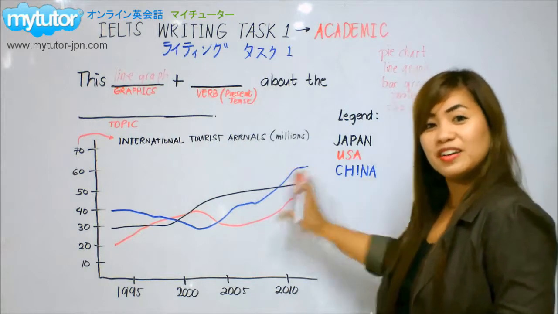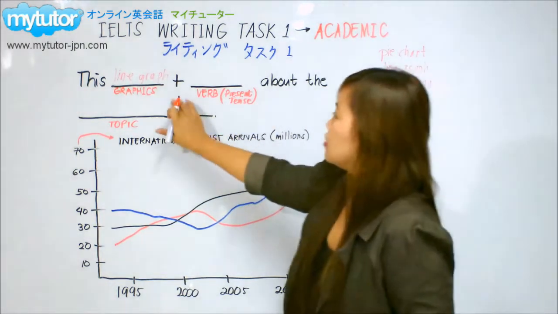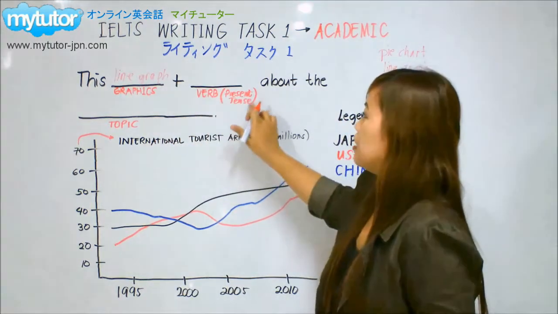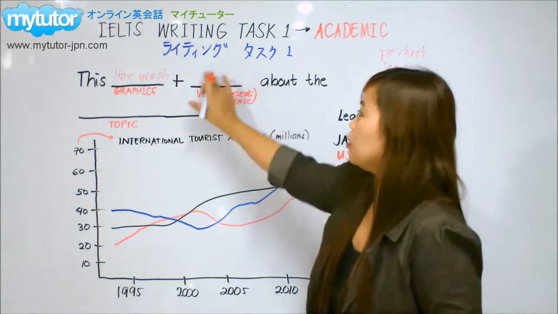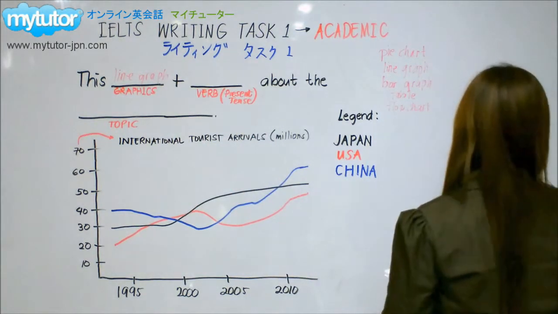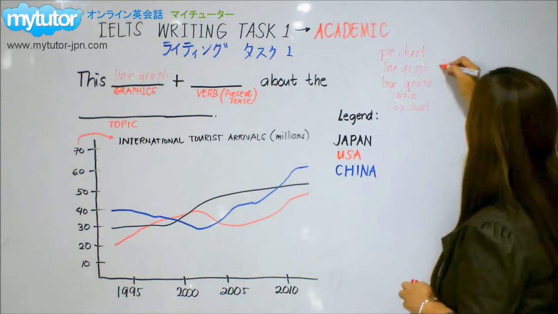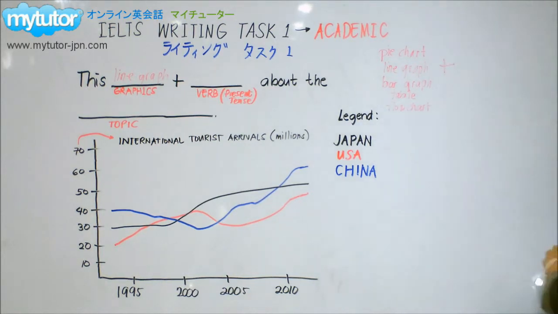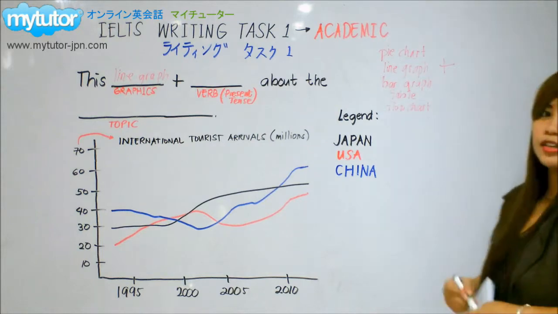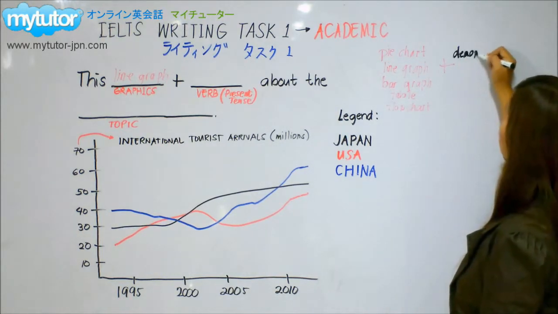Of course you already know the features, how each looks. Plus a verb, which should be in the present tense. So what are the appropriate verbs to use in this case? You can say demonstrates.